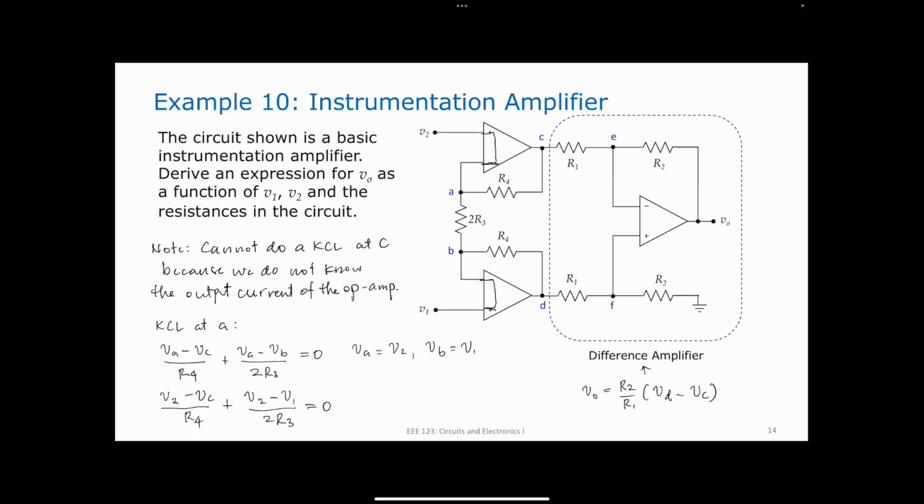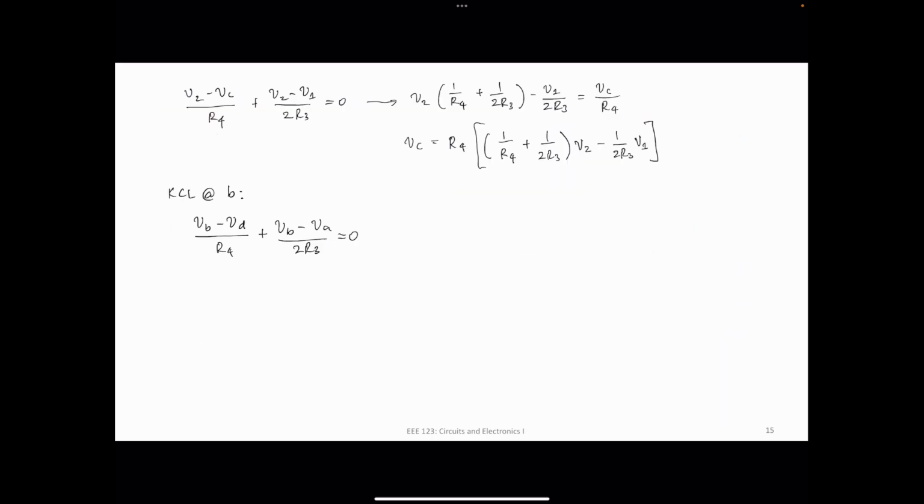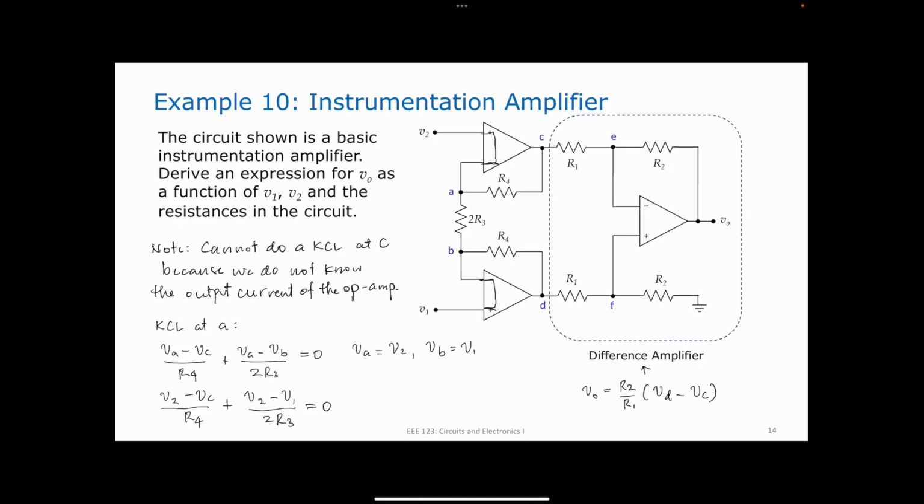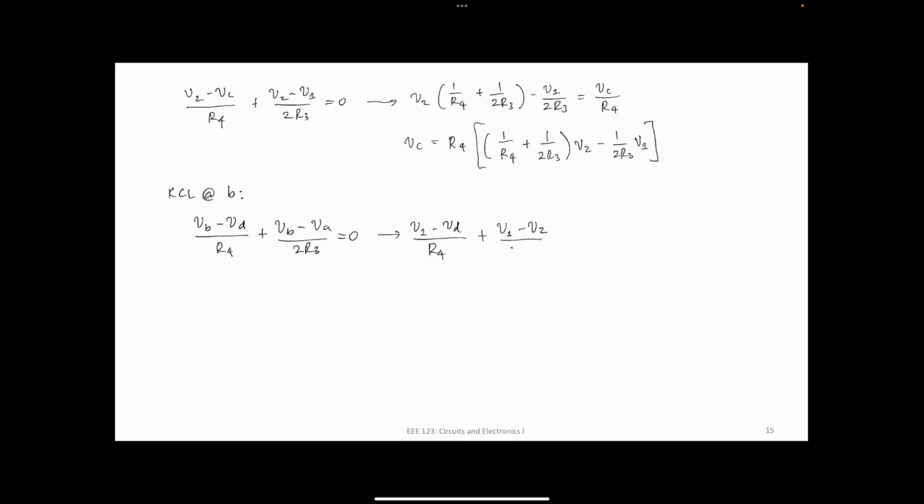But again, we said that VA is equal to V2, VB is equal to V1. So this is going to be V1 minus VD over R4, plus V1 minus V2 over 2R3, equal to 0. If I solve for VD, the same way I solved for VC here, what am I going to get?